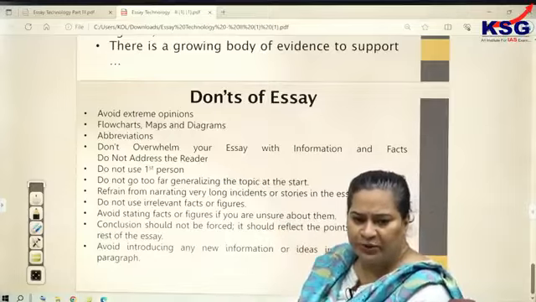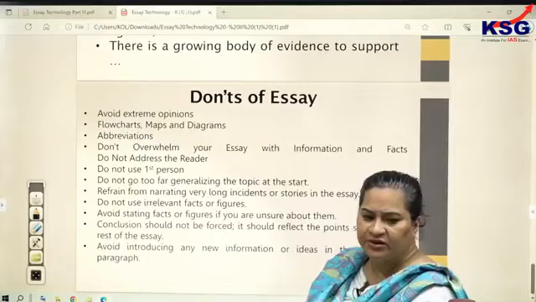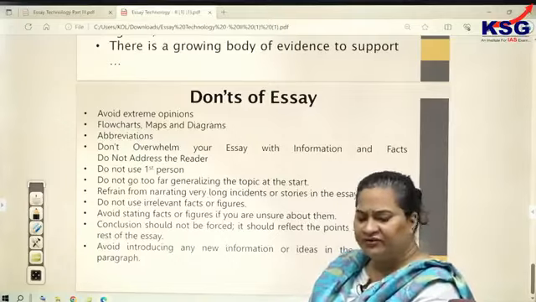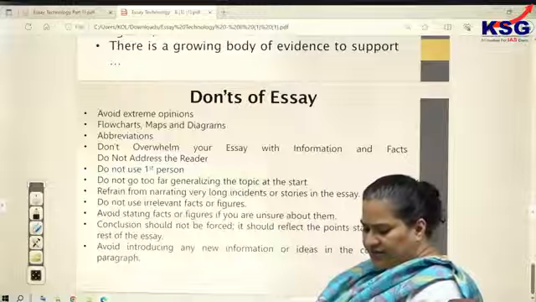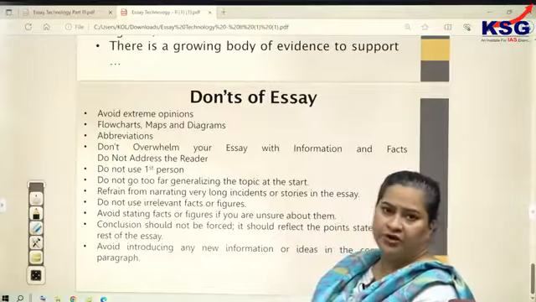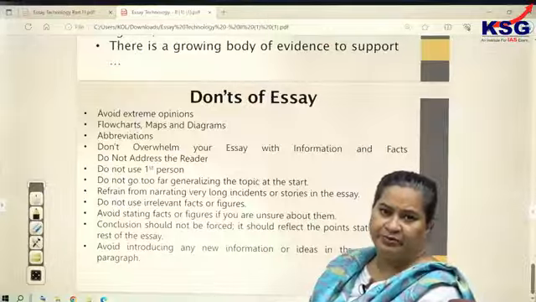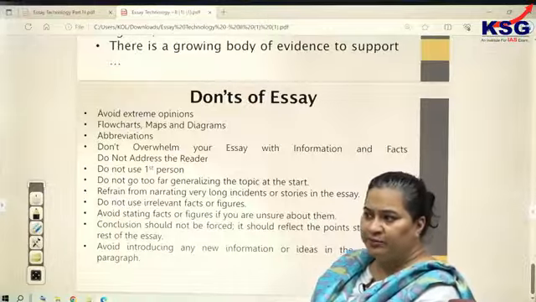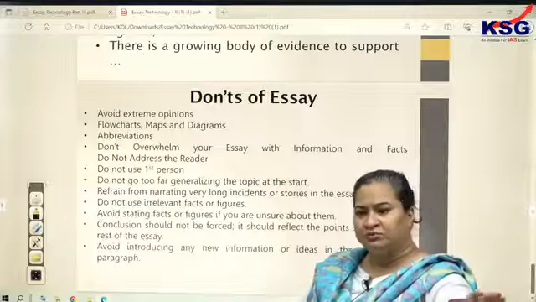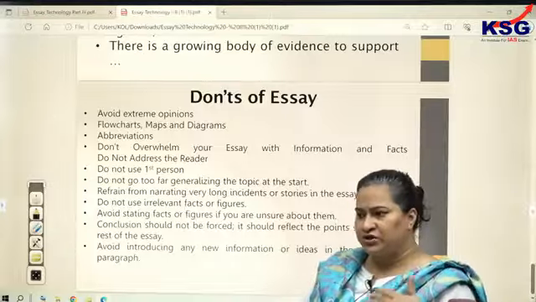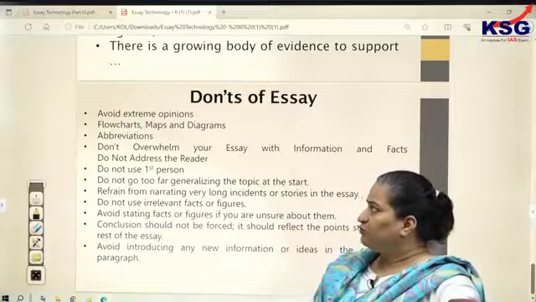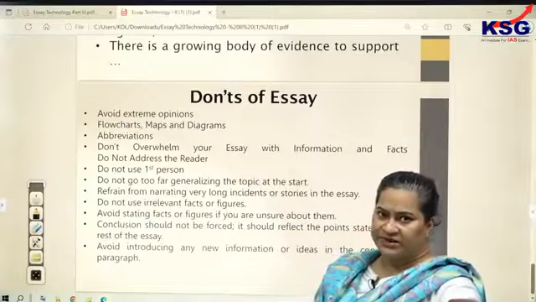Any absolute or extreme opinion which is against the constitution, against the spirit of our wholesome existence, just avoid those extreme examples, because when the examples become too extreme, there is a visible problem with how we are living or surviving. So avoiding extreme examples is a necessity.